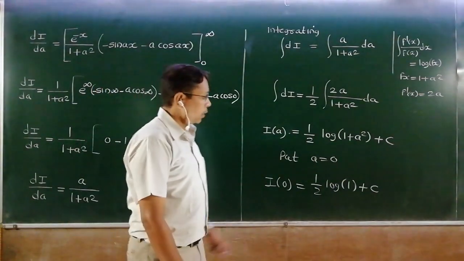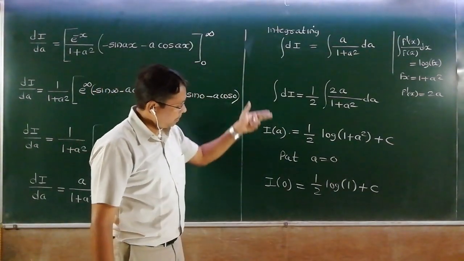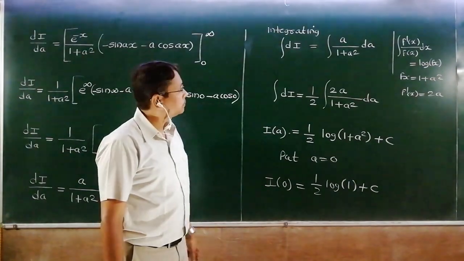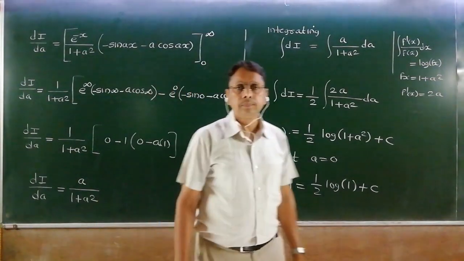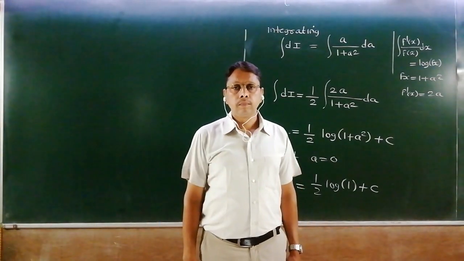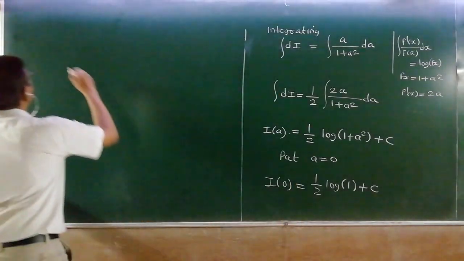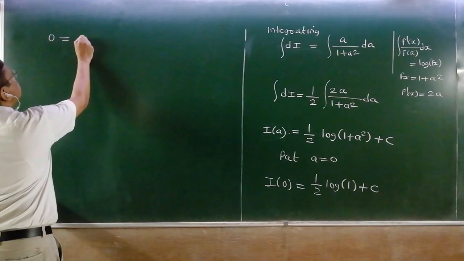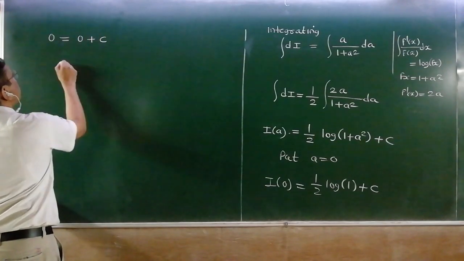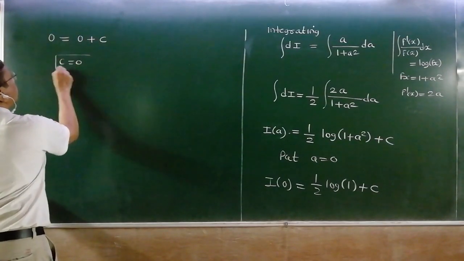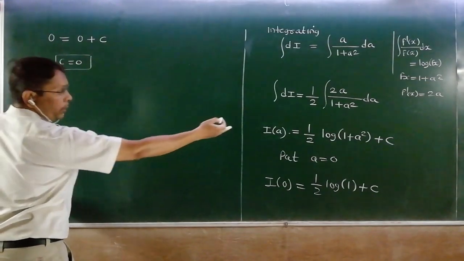Is it clear, all of you? Note down this simple part first. Last step. Now log 1 is 0, which is equal to c. So c is 0. Put c in that equation.